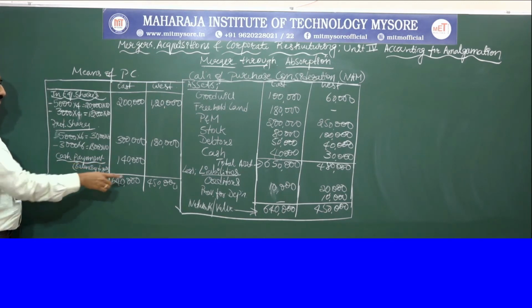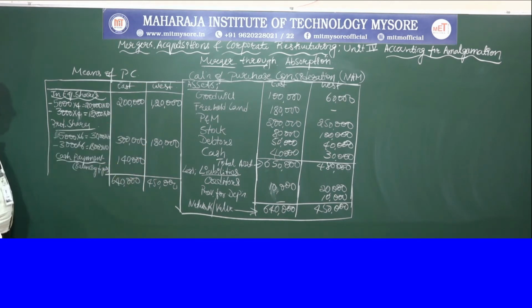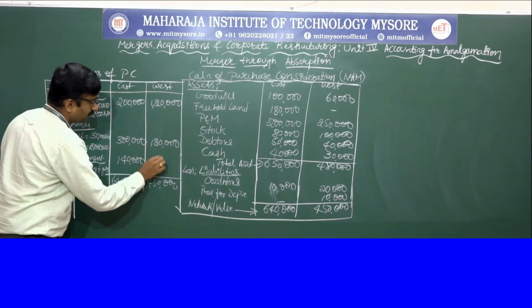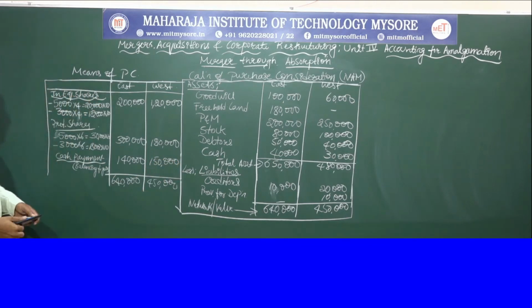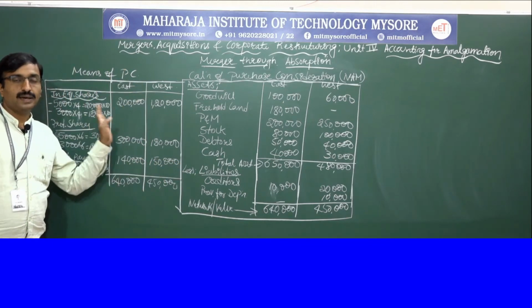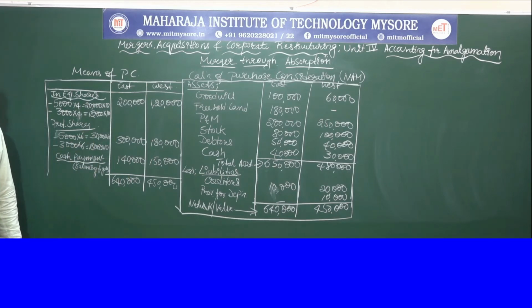Then 4,50,000 minus 3 lakh, so the remaining amount is 1,50,000. So this is the calculation of means of PC payment. Hope you understood.